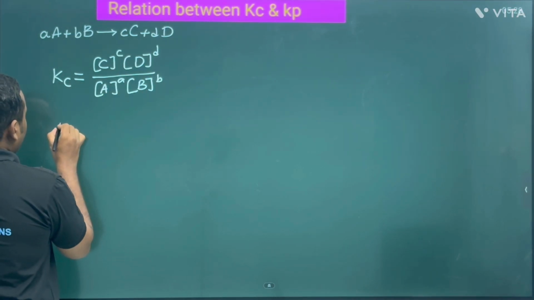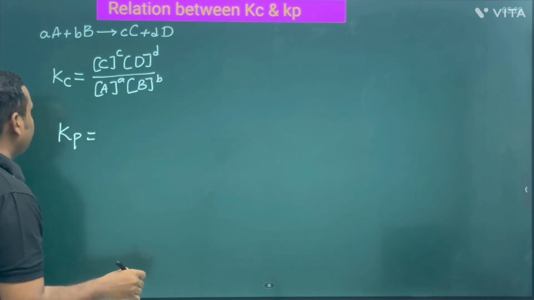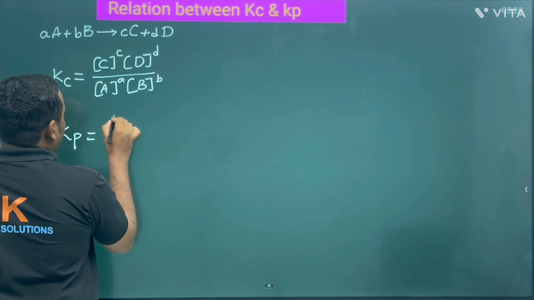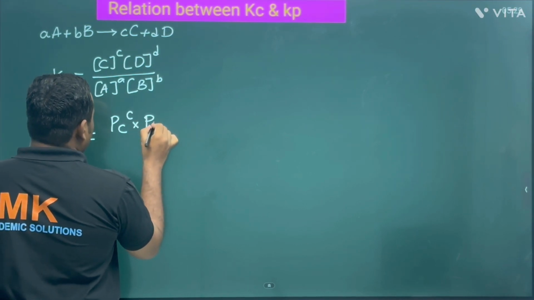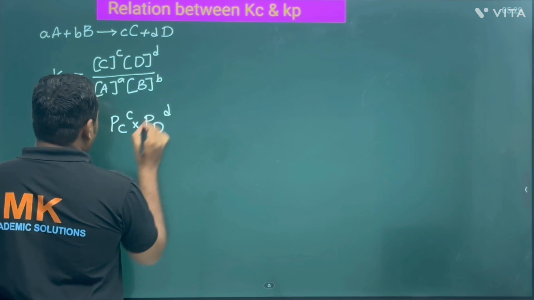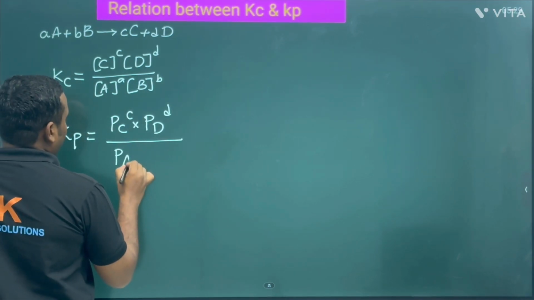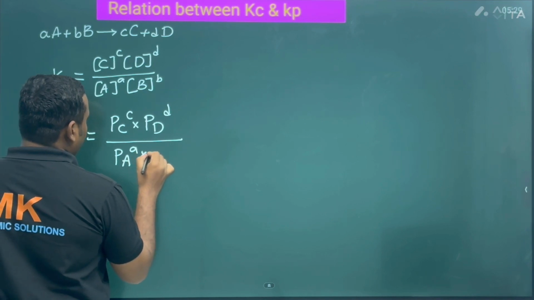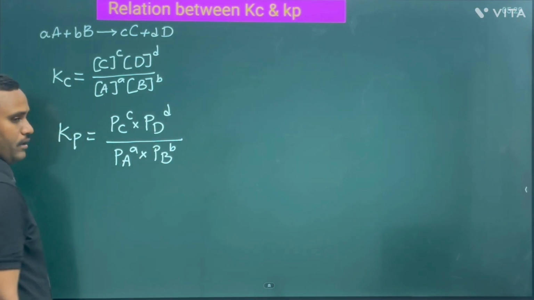Now Kp. Kp is equal to the partial pressure of C to the power c times the partial pressure of D to the power d, divided by the partial pressure of A to the power a times the partial pressure of B to the power b.